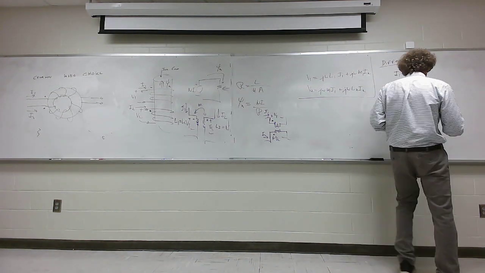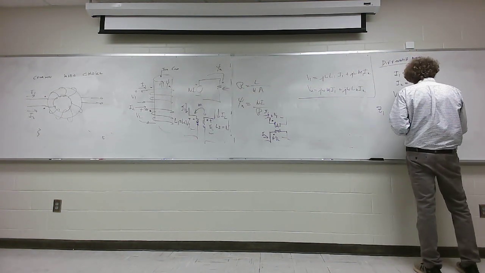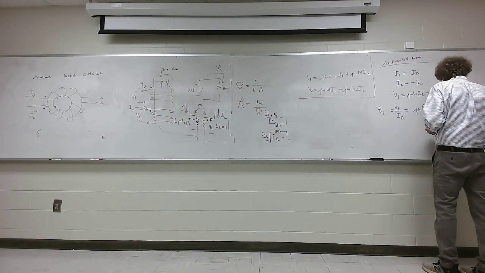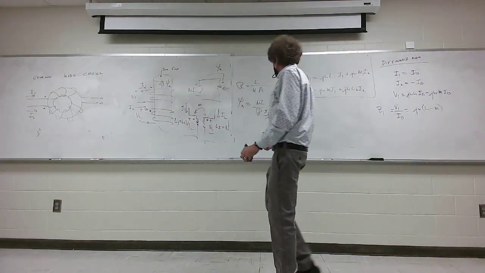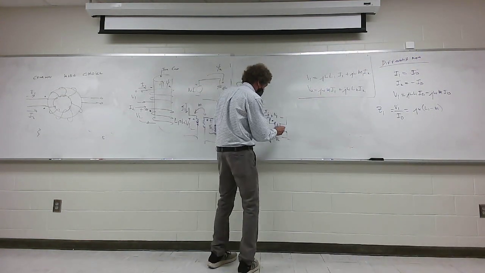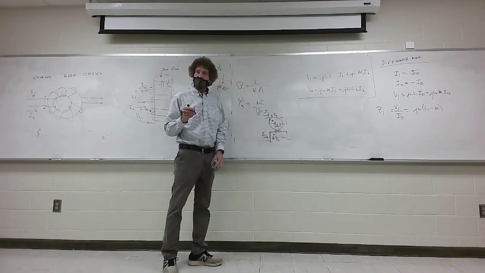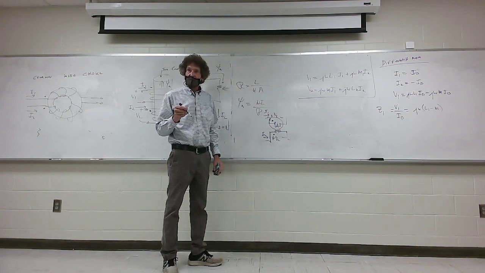So this becomes j omega times (L1 minus M). This is the effective impedance of this coil right here. I'm going to draw the circuit so you can see it.